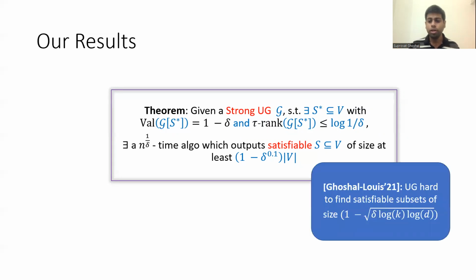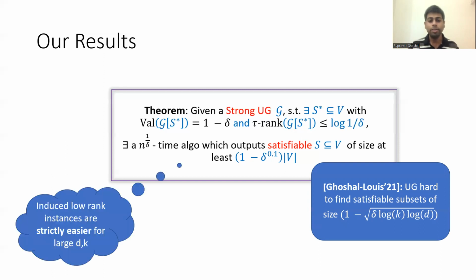Also, it's useful to compare this with known lower bounds for strong unique games in the general worst case setting. So previous works show that in a similar regime, it is unique games hard to find satisfiable subgraphs of size 1 minus square root of delta log k log d, where k is the size of the label set and d is the max degree of the graph.